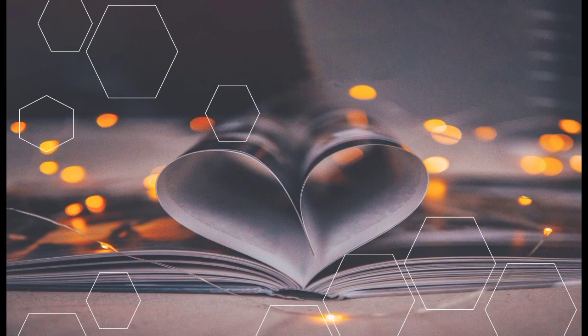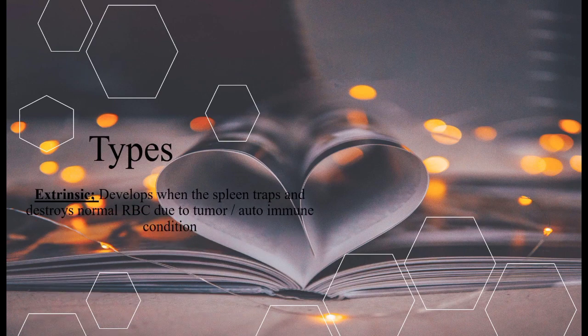What are the types? The types, we have what we call extrinsic, where it develops when the spleen traps and destroys normal red blood cells due to a tumor or an autoimmune condition. Or it could be intrinsic, where the red blood cells produced do not work properly.